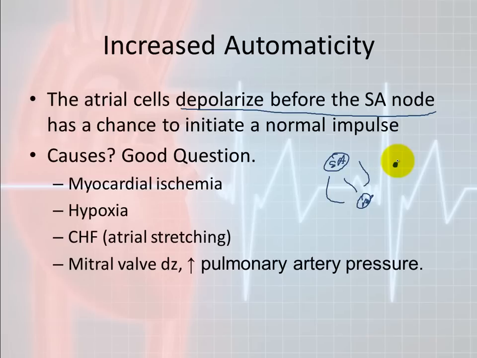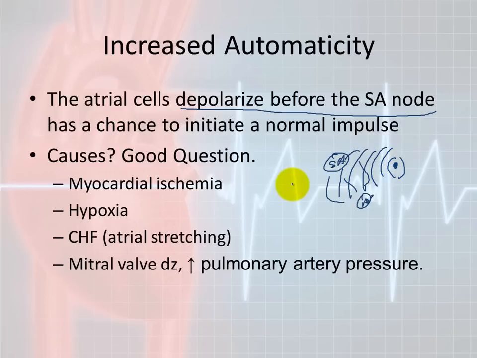Now the problem with this is that if this little area right here depolarizes before the SA node, there's going to be a wave of depolarization sent out, and once it hits the SA node, it can re-depolarize the SA node before it's ready. So that's called increased automaticity.